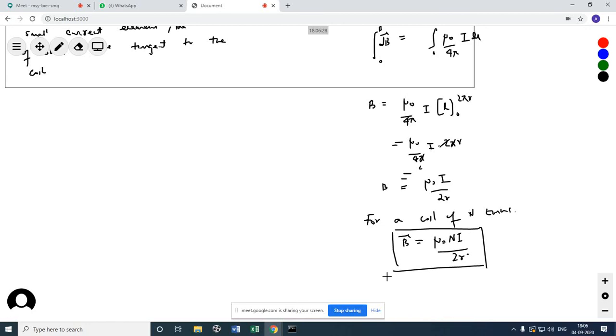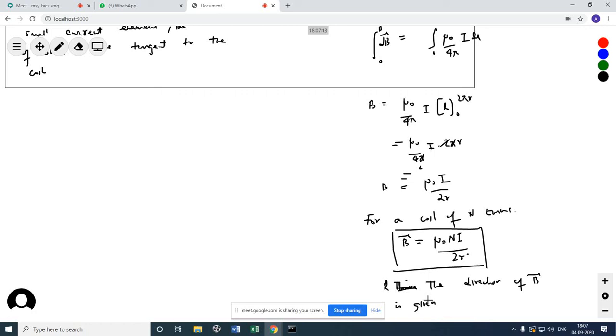Complete length? Yes, sir. 0 to 2 pi r, because that is the complete length, into mu naught by 4 pi I dl, right? So if I integrate this, I should get here B, and this one would give me mu naught by 4 pi I, and then length L, 0 to 2 pi r, that means it is 2 pi r. So mu naught by 4 pi I into 2 pi r. So pi cancels, 2 into 2 is 4, 2. So this is B equals mu naught I by 2r.